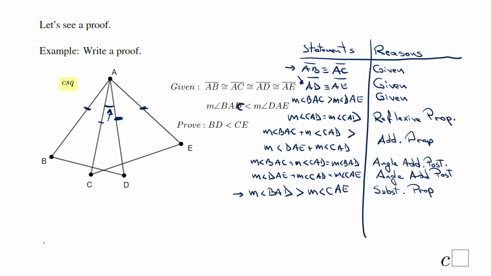So obviously now we have what we need. I'm sorry, I think I missed the thing. It's BAC. Okay, this was less here. So it's going to be less, and it's going to be less. I apologize. So less, less, and less. Okay, so now we can say BD is less than CE by what?